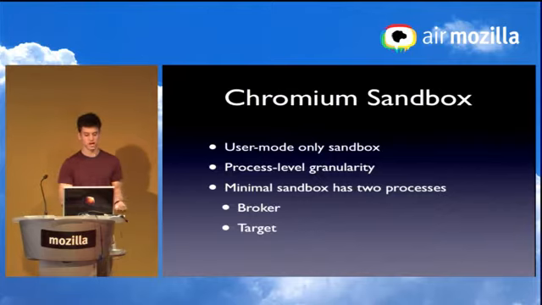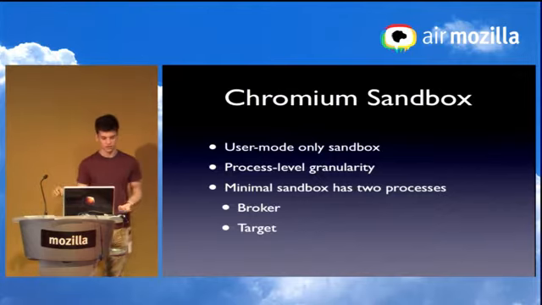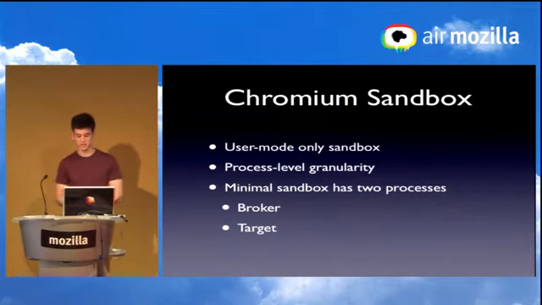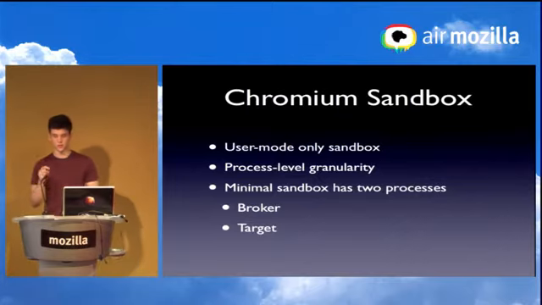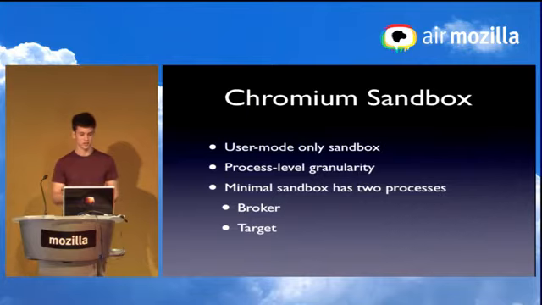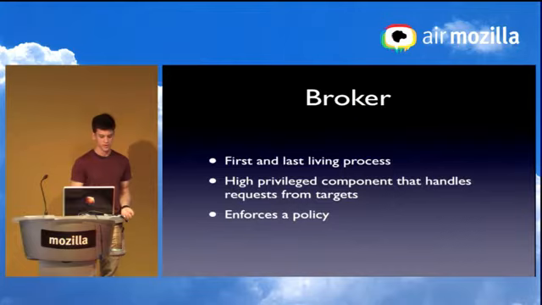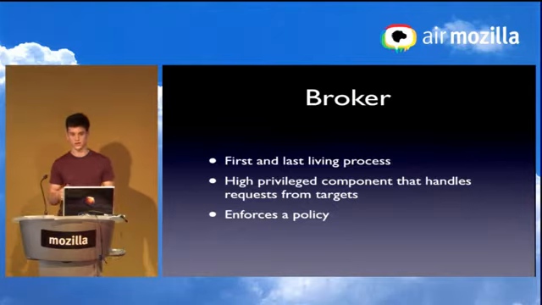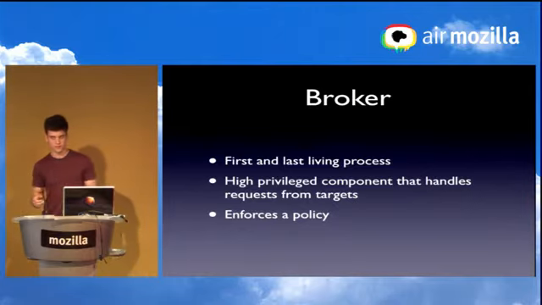So sandboxing operates at what's called a process level granularity. To be sandboxed, each component needs to live in its own process. And a minimal sandbox has two processes: one that's privileged, called the broker, and any number of targets, which are restricted. The broker is the conduit for all sandbox target processes, all the restricted processes, to access resources that are otherwise restricted through their policy.